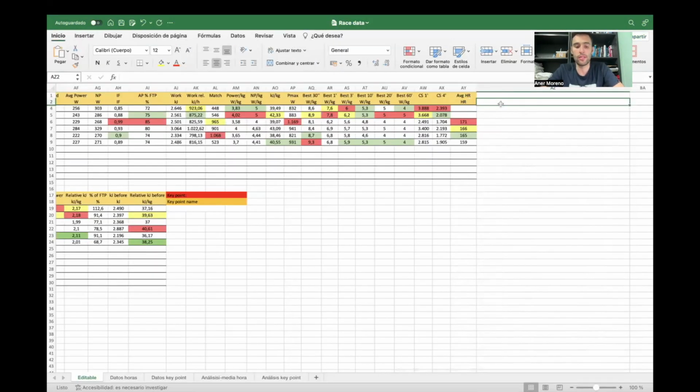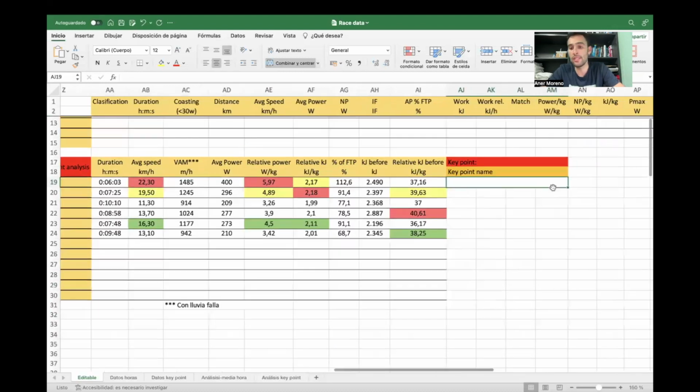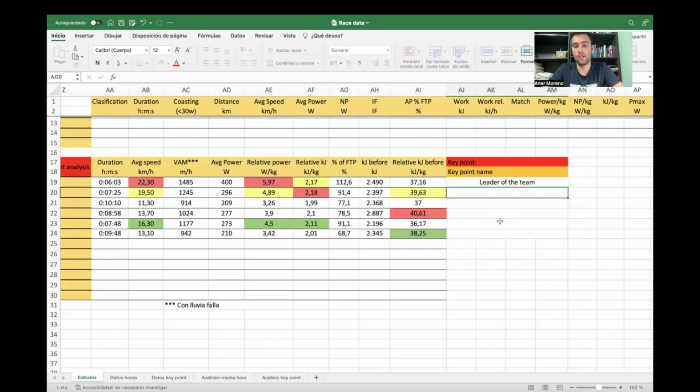I like writing observations here, or here also. I like to write because this is a more personal analysis of maybe the director, where he can put that this rider was helping the leader of the team, this was also helping the leader, and an insert of the breakaway.